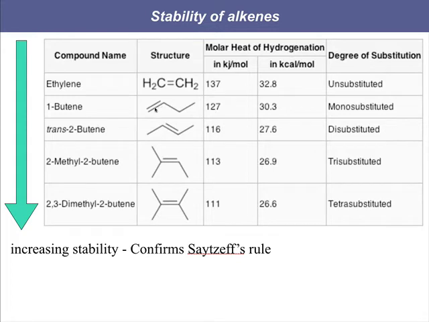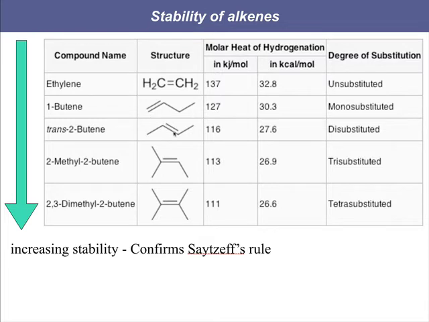Here, this is a mono-substituted because we have one group, this ethyl group, coming off the double bond. That only releases 30.3 kcals when we hydrogenate it, when we get rid of that double bond. So it released less energy, meaning there was less energy in that double bond, meaning it's more stable.